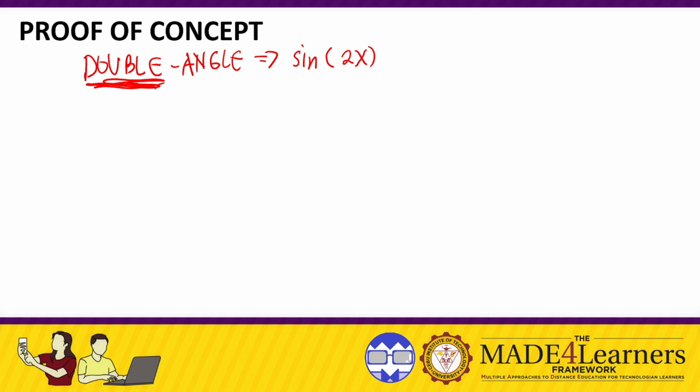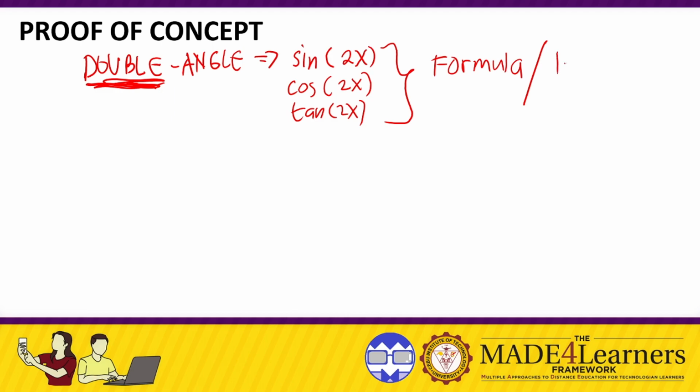For example, sine 2x, cos 2x and tangent 2x. And in fact, we are going to find the formula, or what we call the identity, of these.